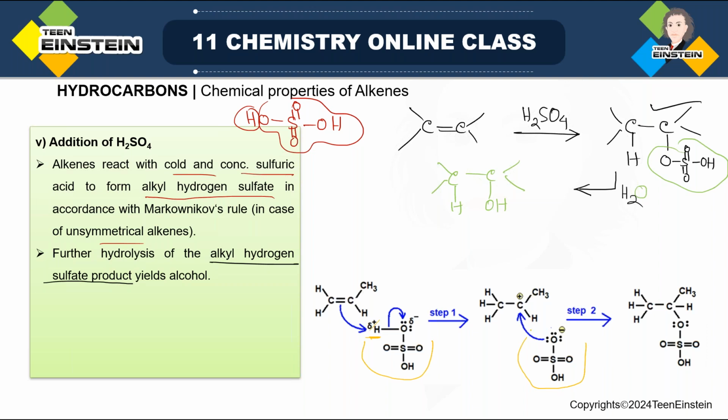This negative charge attacks here, which is step 2. So this product is the alkyl hydrogen sulfate, but if you do further hydrolysis, you will get H3C on one side, and this part will be converted to OH.